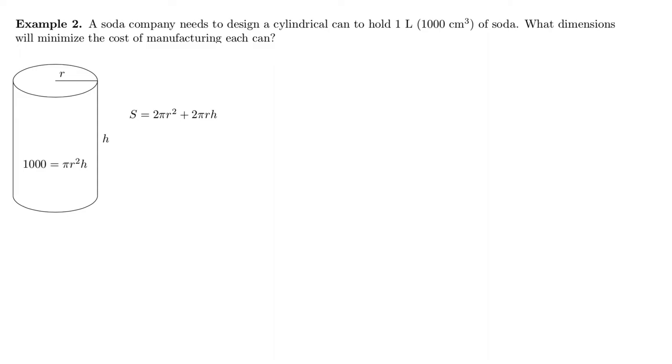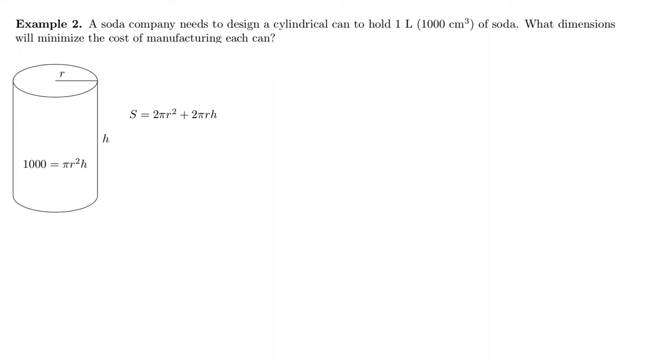Some of them are tall and skinny, some are less tall and skinny. There's a wide variety of cylindrical cans. A lot of those designs are for aesthetic reasons, but we're interested here in what dimensions will minimize the cost of manufacturing each can.